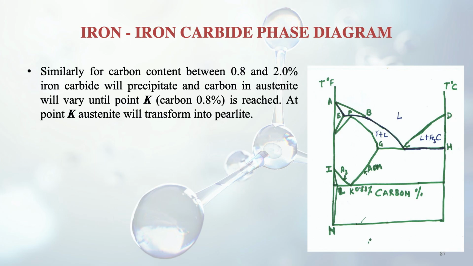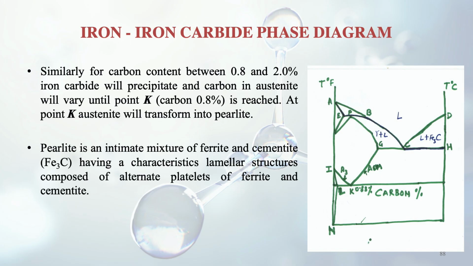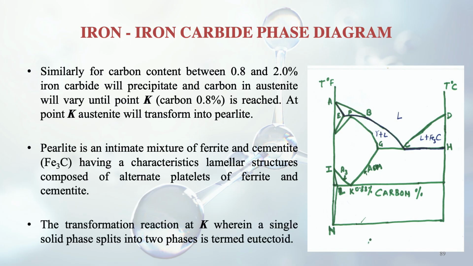Finally we reach point K, where austenite is transformed into pearlite, which is a mixture of ferrite and cementite. Pearlite has a characteristic lamellar structure composed of alternate platelets of ferrite and cementite. The transformation reaction at K, wherein a single solid phase splits into two phases, is termed the eutectoid. This is an important term, we discussed it earlier also. Eutectoid point, 0.83% carbon point.